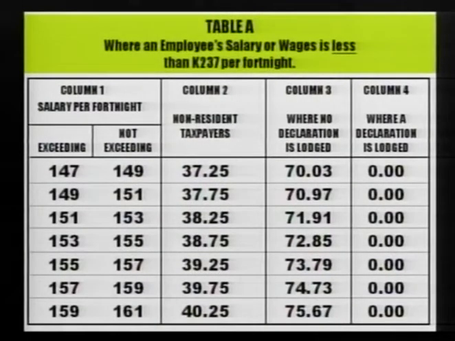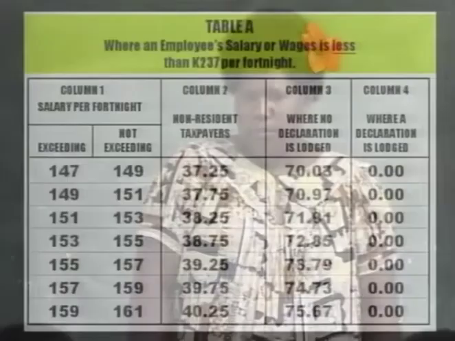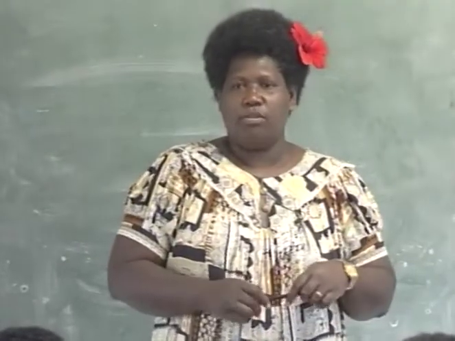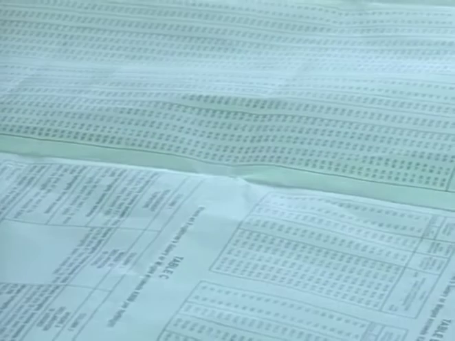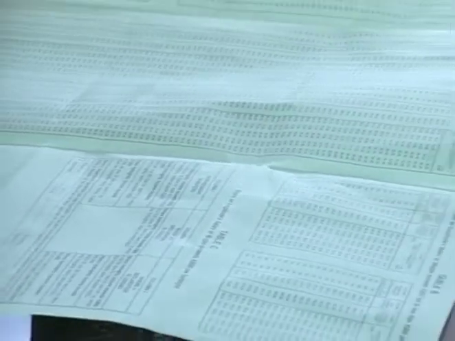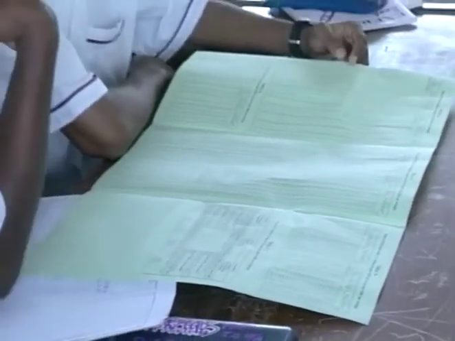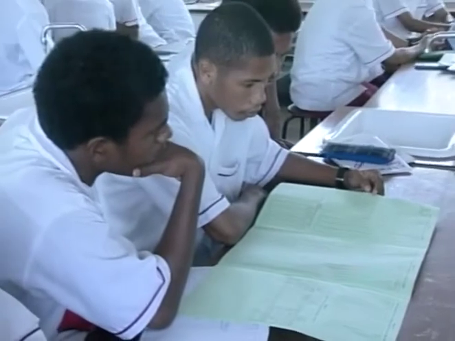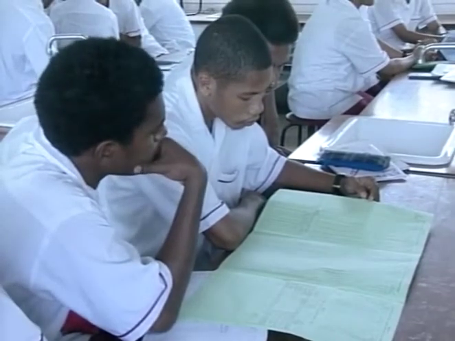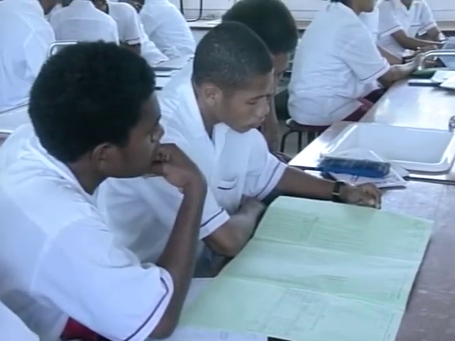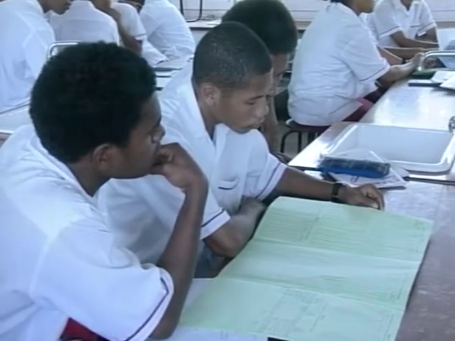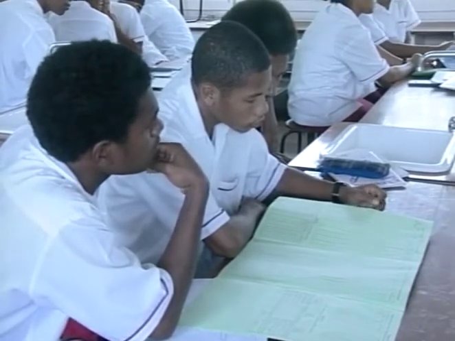Okay, every time when you finish school and when you work, you will fill in what is called a tax declaration form. And in that tax declaration form, you indicate how many people depend on you, how many dependents you have. So if the husband works and the wife doesn't work, then all his children and the wife are his dependents.